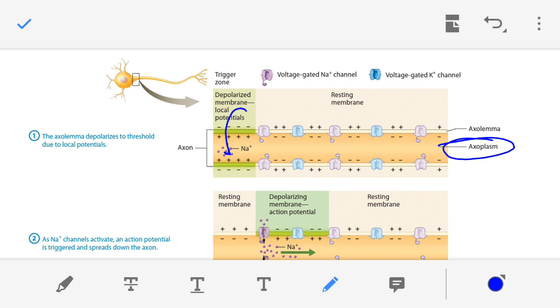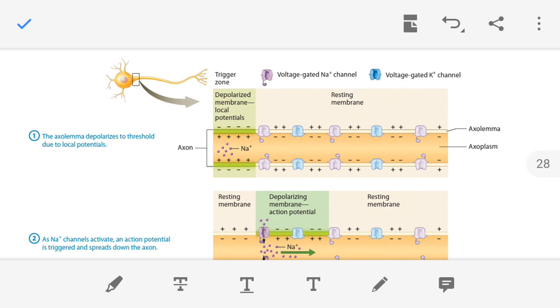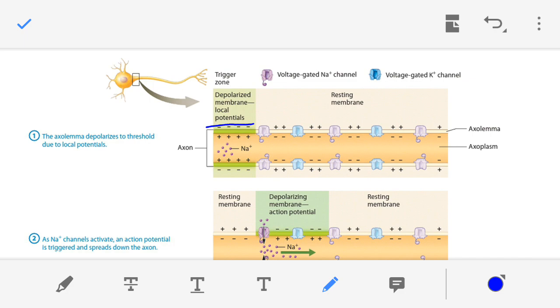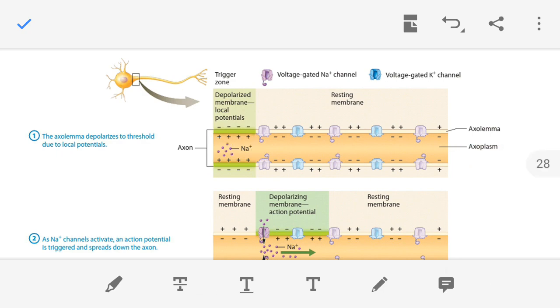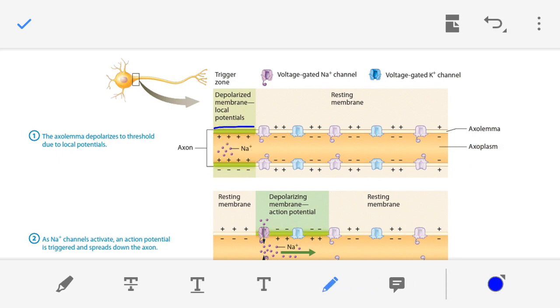Cytosol is also known as axoplasm, plasma membrane, axolemma. So now there is a development of negative charge outside and positive inside, because Na plus is there in the axoplasm. Now this negative charge region affects the neighboring portion. So now this part becomes depolarized.